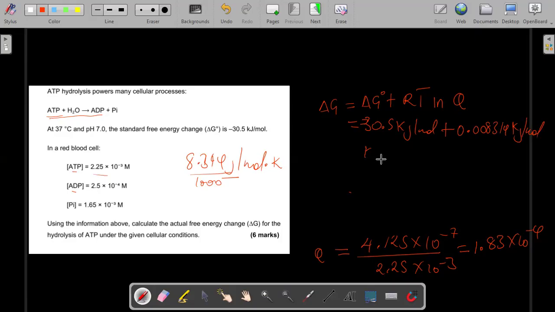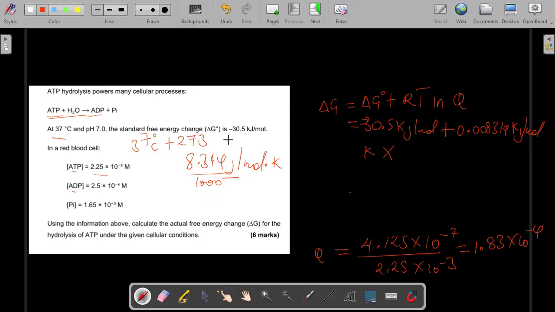Then we also have to multiply with the temperature. The temperature that we've been given is in degrees Celsius, so we need to convert that temperature to Kelvin. How do we convert degrees Celsius to Kelvin? We're having 37 degrees Celsius, so we are going to add 273.